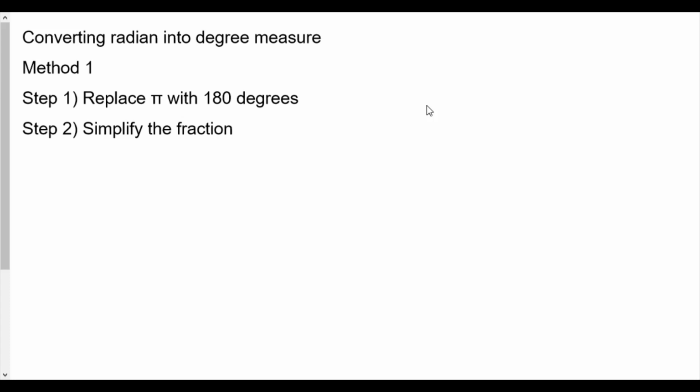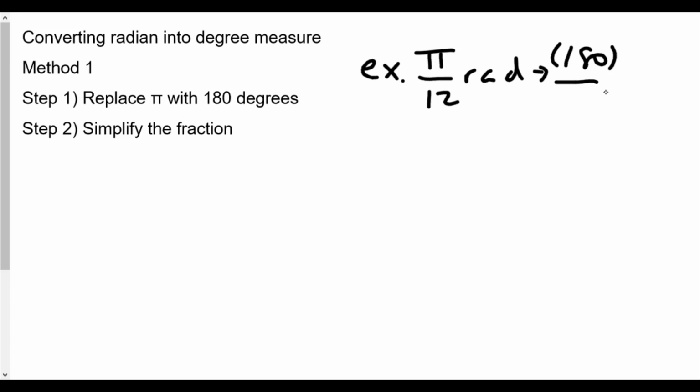So for example, let's say we had pi over 12 radians. To convert it to degree measure, we replace pi with 180, because we said before pi radians is equal to 180 degrees. So we would get 180 over 12. And 12 goes into 180 15 times. So it would be 15 degrees.